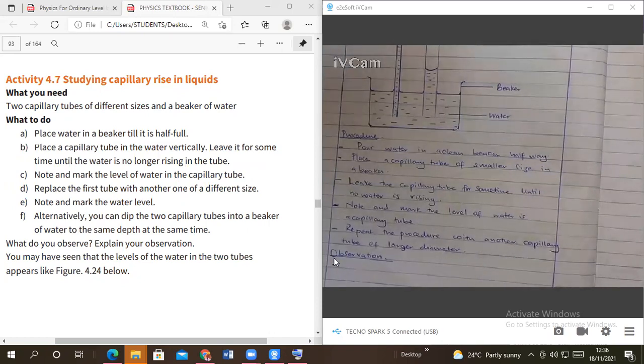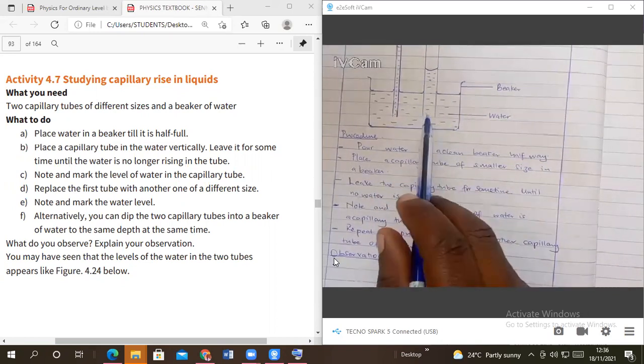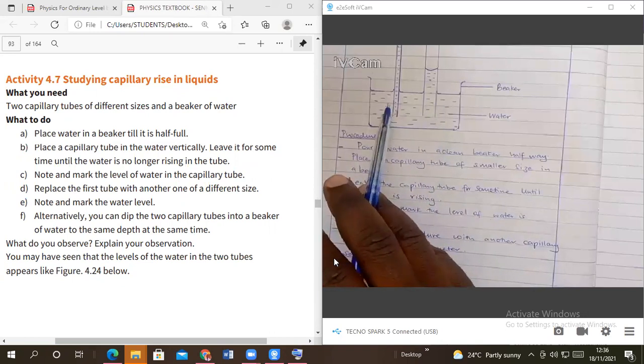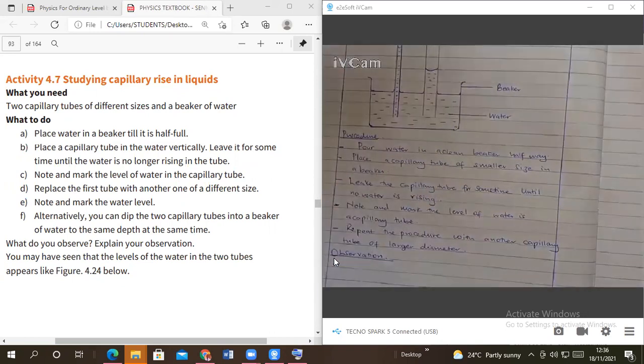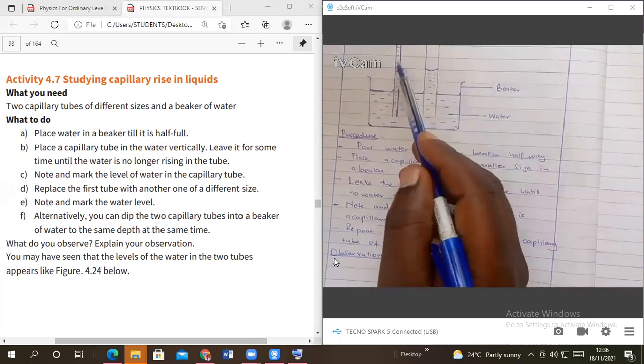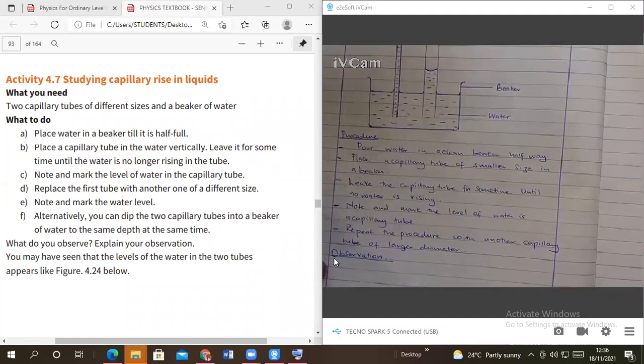Very good, very good. The water level in the tube with a large diameter is lower than the water level in the tube with a smaller diameter. That's what we are seeing. That the level of a large diameter is low compared to the water level in a capillary tube of small diameter. That's correct. Right?